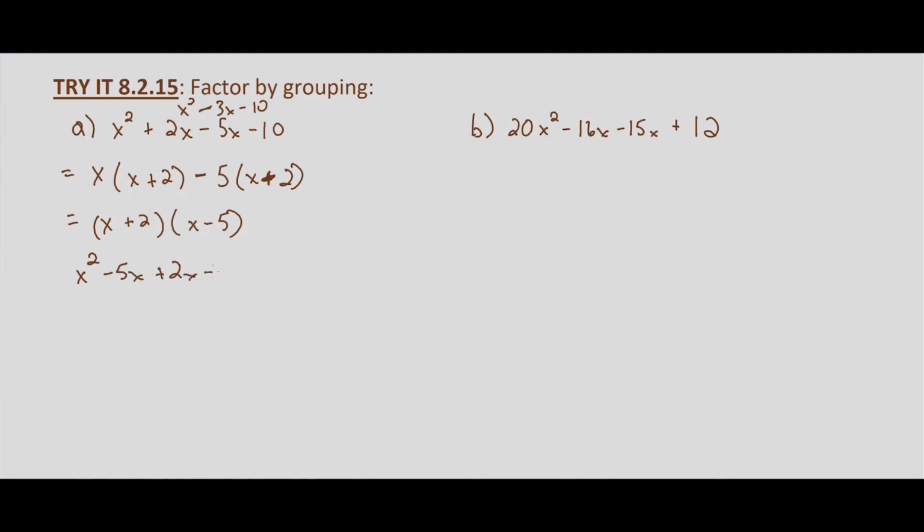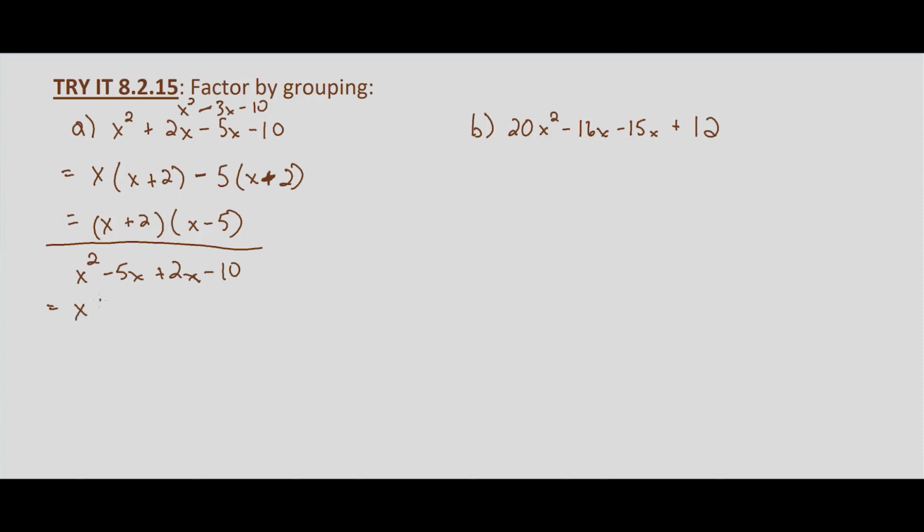Now, what I said earlier was if we had this as x squared minus 5x plus 2x minus 10, this is the same polynomial. Negative 5x plus 2x is still negative 3x. And the only difference is we're going to factor out the common factor and end up with the other binomial as the common factor in both groups.